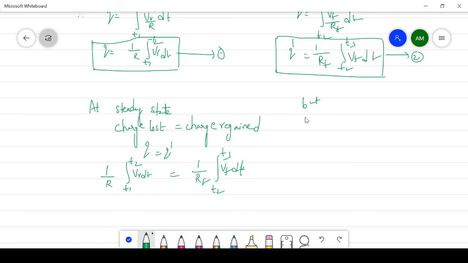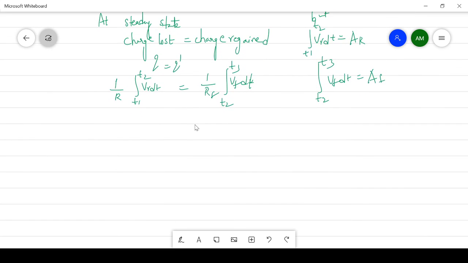The integral from T1 to T2 of VR dt is the area under the output curve in the reverse direction, AR. Next, the integral from T2 to T3 of VF dt is the area under the output curve in the forward direction, that is AF.